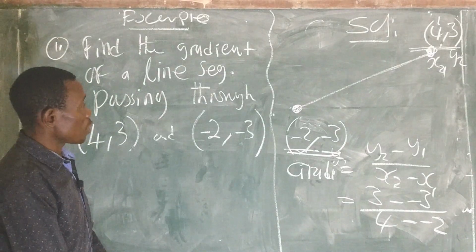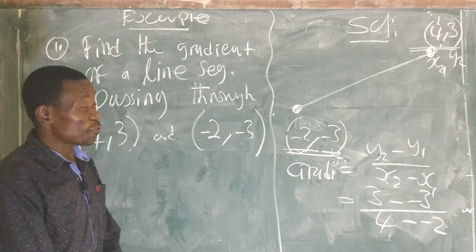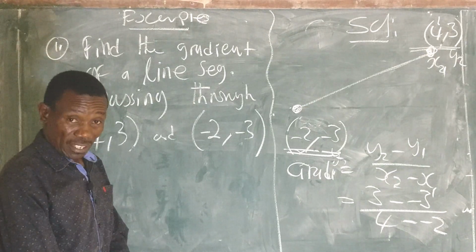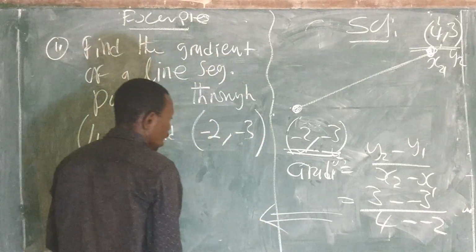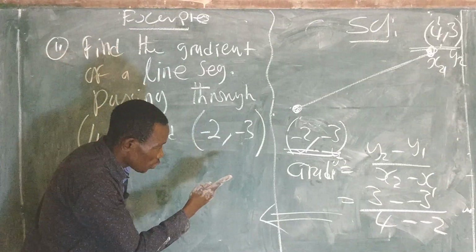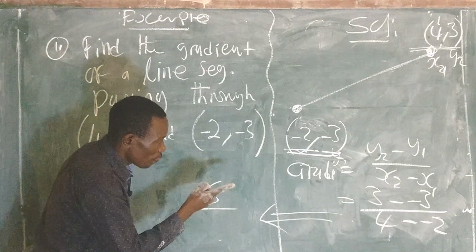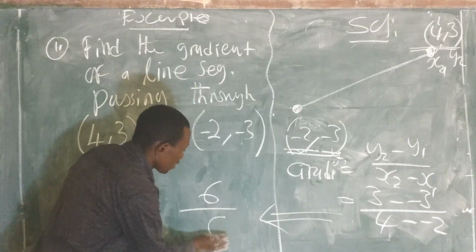Hope my explanation is clear, more especially when you're deciding which coordinates should be defined as 2's, which one as 1's. Don't make mistakes. So what we have here is a ratio defined like 3 minus -3, that gives us 6, and 4 minus -2, that gives us 6 again.